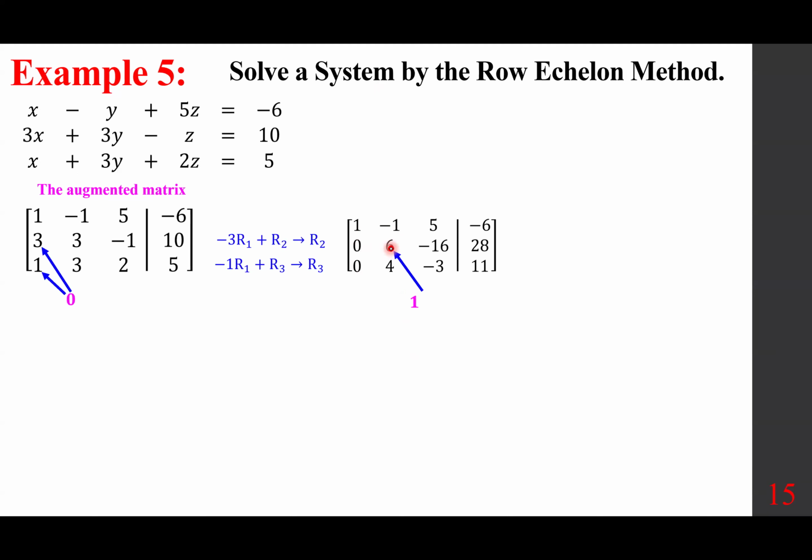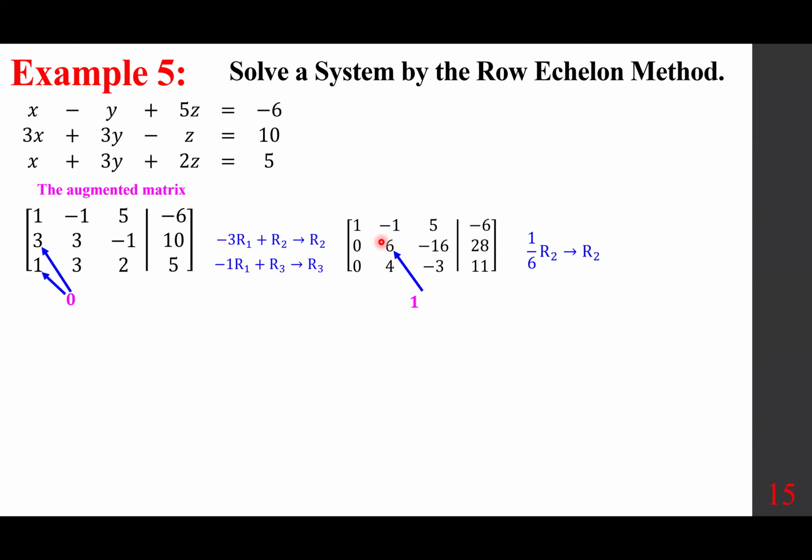Now, just for the sake of argument, if you want to use this row to do something here, because this is 1, it's going to mess up the 0 that you worked hard to get. You have a choice. You may use the bottom row to do something here, or just multiply this one by what? Divided by 6, or multiplied by 1/6.